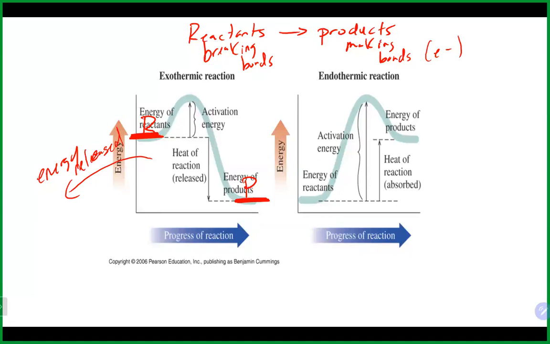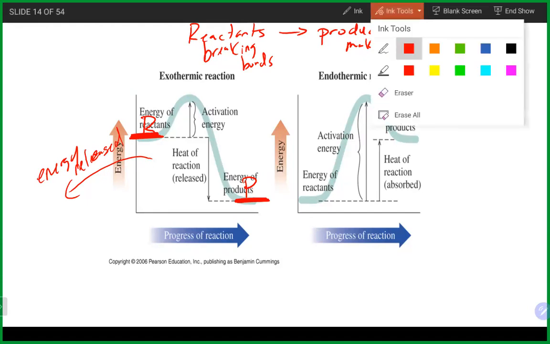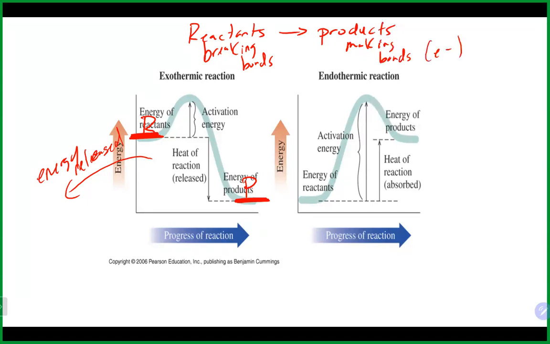The actual difference between the energy of the reactants and the energy of the products here is what is referred to as delta H, again, the change in enthalpy. And that is a fancy word for basically the heat of the reaction: how much heat is either absorbed or given off by this reaction.